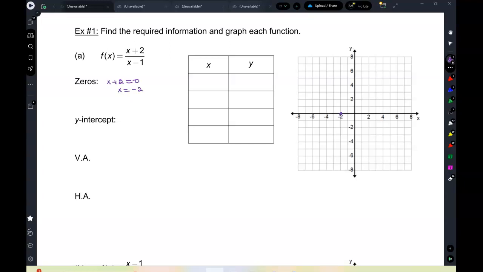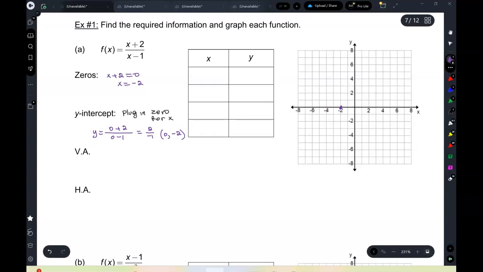Okay, y-intercept, you have to plug in 0 for x. So it would be y equals (0 plus 2) over (0 minus 1). That's 2 over -1. So that's 0 comma -2.